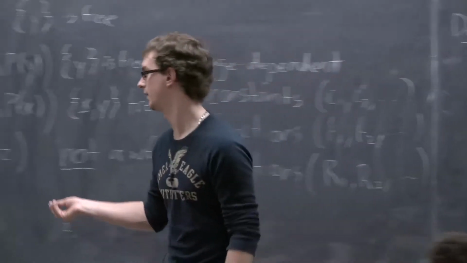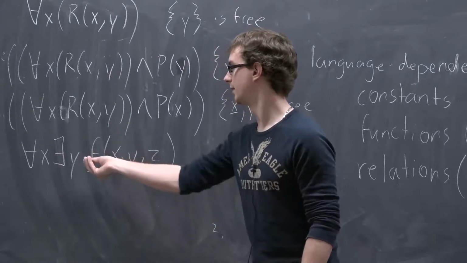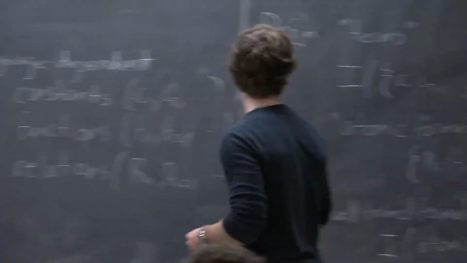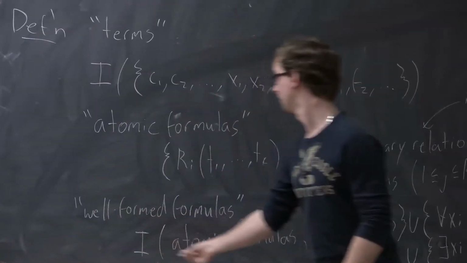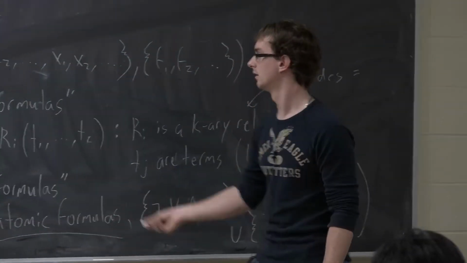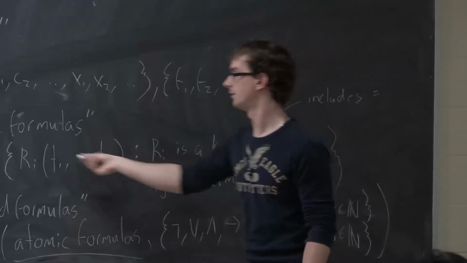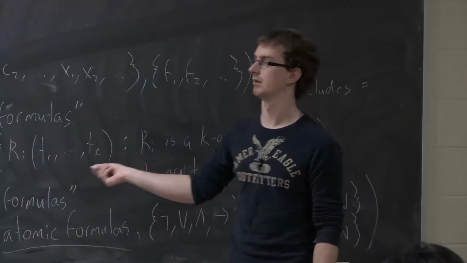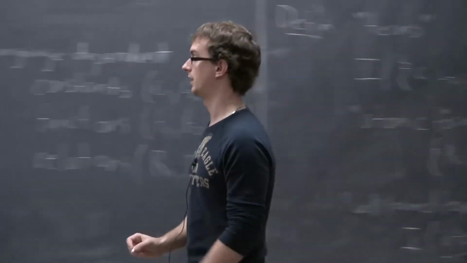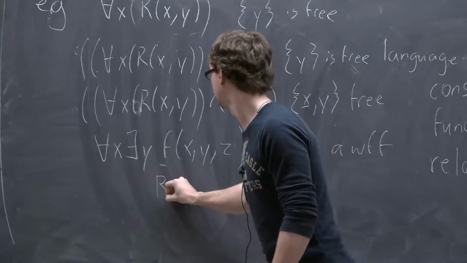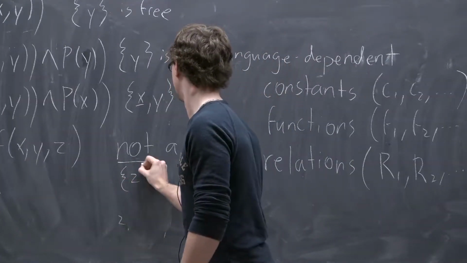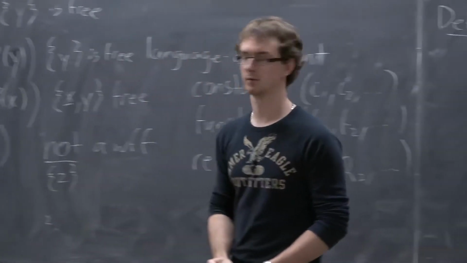So this is kind of nonsensical, right? What does it mean for all x and y to have some value? And this goes back to our definition of well-formed formulas, right? We can only take things that are atomic. And atomic formulas always have to be some relation applied to our terms. In this case, we don't actually have a relation applied to our terms. If you were to change this to R, then it would be a valid formula, and z would be our free variable.